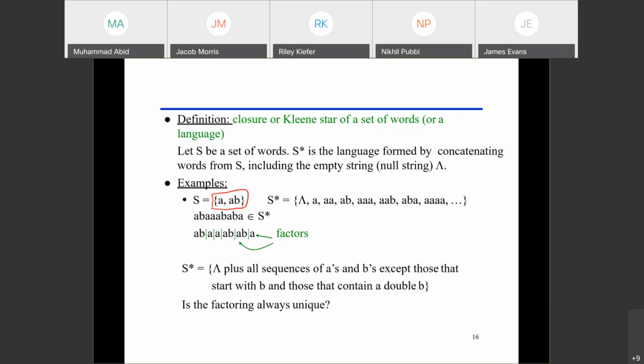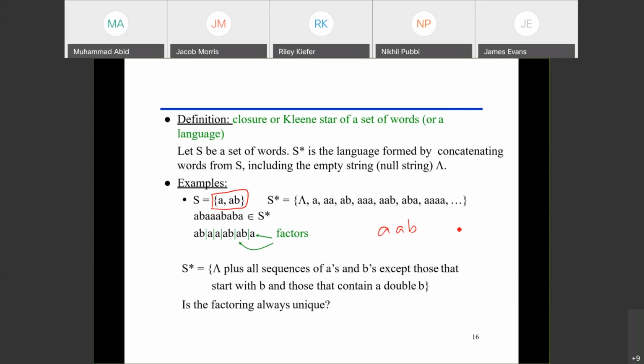Yes, you can have only a here. You can have more than one a if you combine a with itself. You can have ab if it is a combination: take first a and then the second letter b.